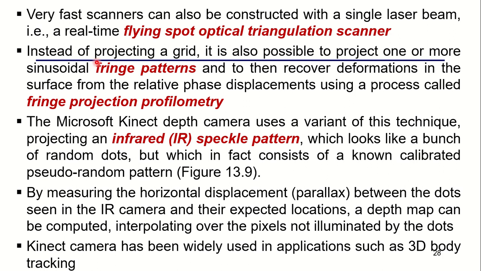Instead of projecting a grid, it is also possible to project one or more sinusoidal fringe patterns and then recover deformations in the surface from the relative phase displacements using a process called fringe projection profilometry. The Microsoft Kinect depth camera uses a variant of this technique, projecting an infrared speckle pattern, which looks like a bunch of random dots, but which in fact consists of a known calibrated pseudo-random pattern.